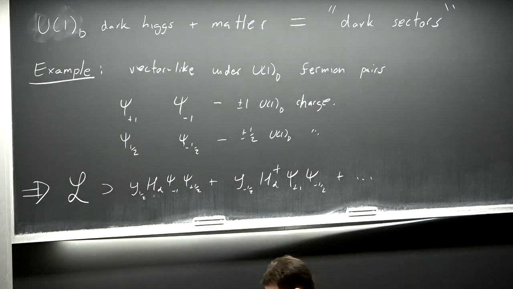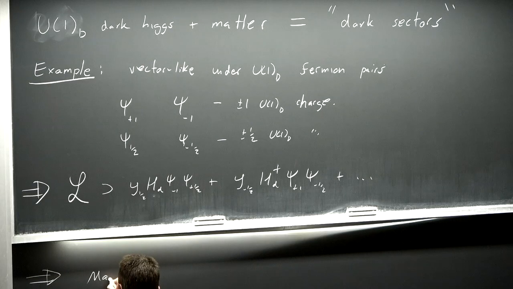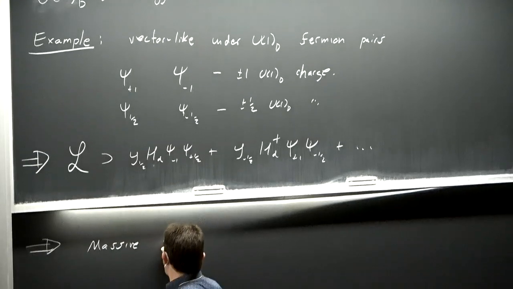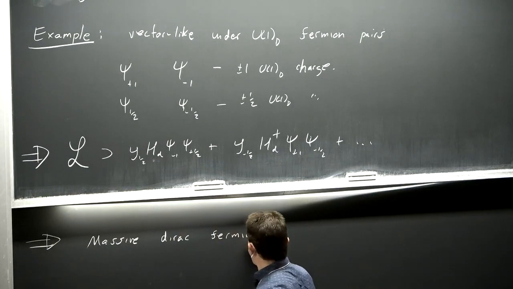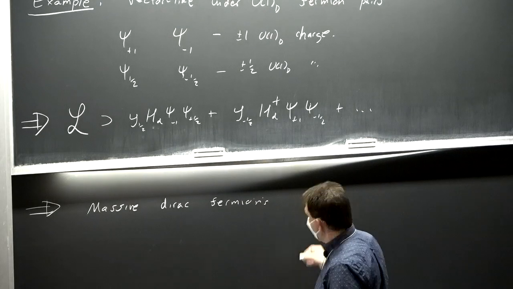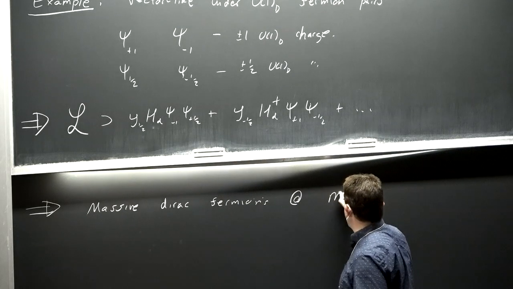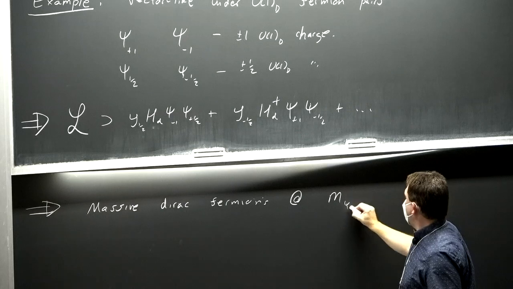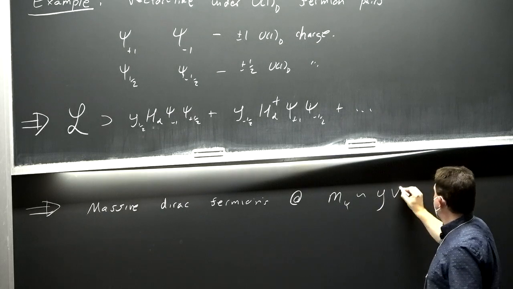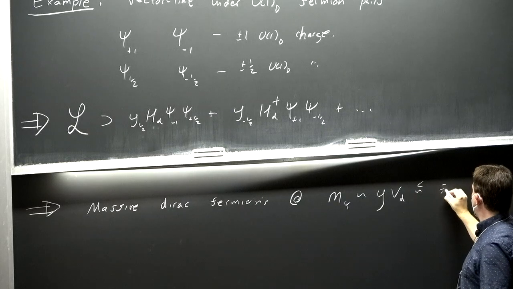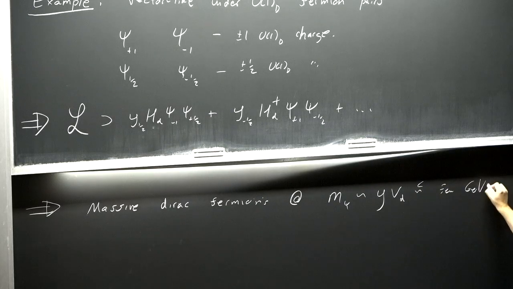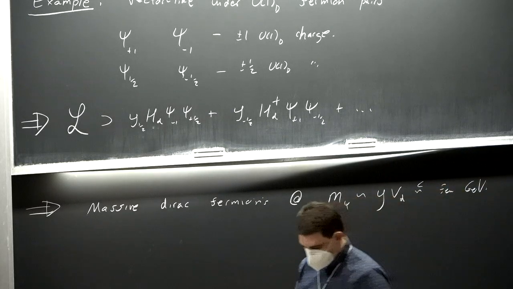So this minimal Lagrangian implies massive Dirac fermions at a scale m_psi of order y times v_dark. So again, less than or equal to a few GeV, right along with everything else. Okay?